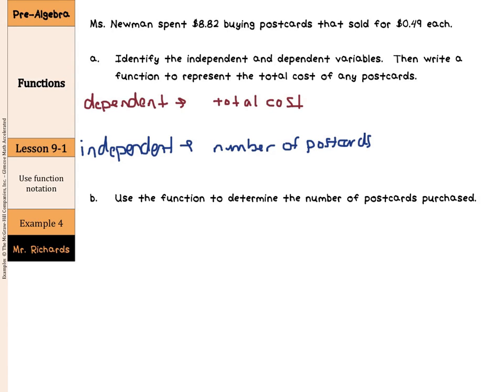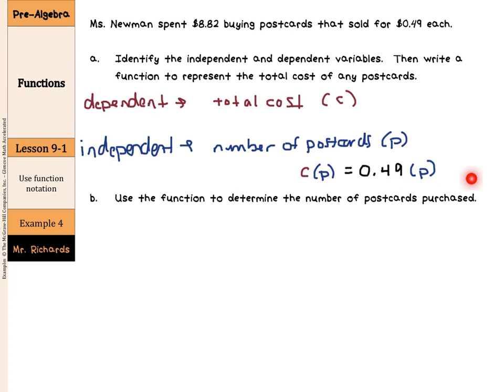So the total cost is our dependent variable, and we're going to say that's C, because that depends on the number of postcards we buy, and we can call that P. So for our function notation, the cost of postcards is going to equal the number of postcards you buy times 49 cents each. So our cost, the dependent variable, is going to equal 49 cents per postcard times the number of postcards you buy.